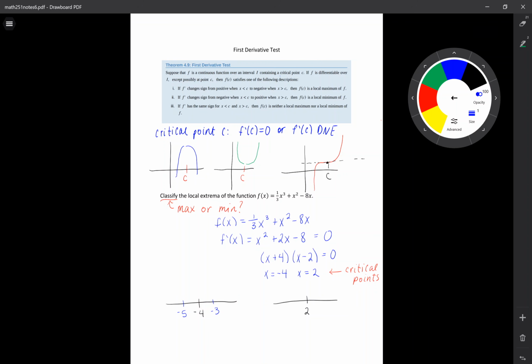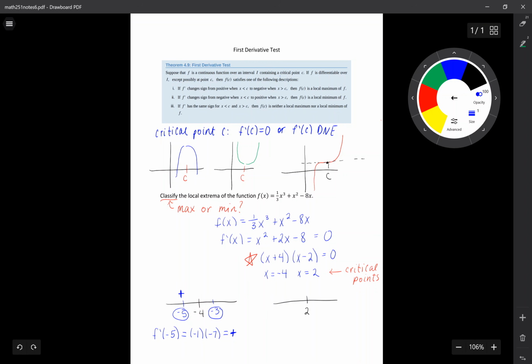And then I'm going to plug these two points into the derivative and see if it's positive or negative. So f prime of -5 is equal to, I'm going to use this factored form of the derivative because it makes it really easy, -5 plus 4, that's -1, times -5 minus 2, which is -7. This is equal to a positive number. So I'm going to draw a little plus sign here.